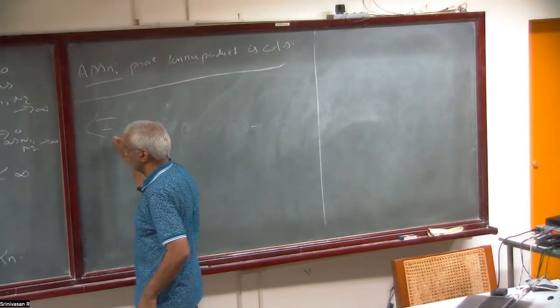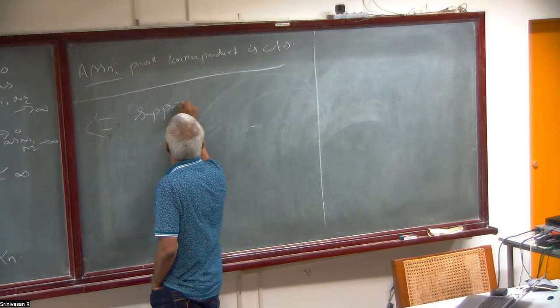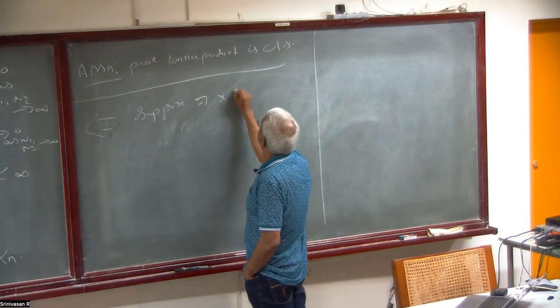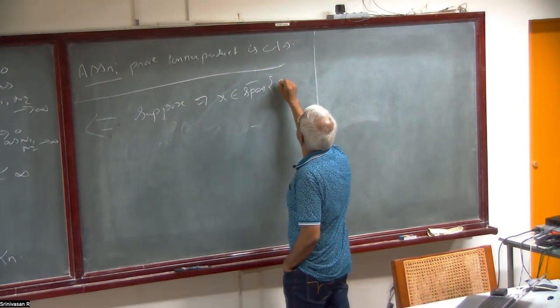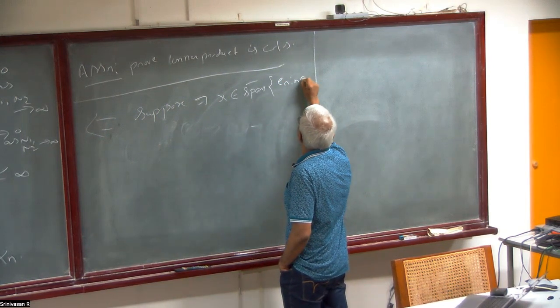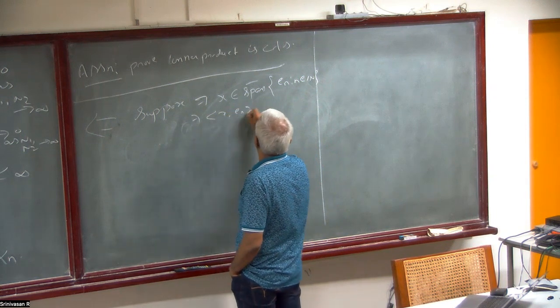Now to prove this way, suppose there exists x in the span closure of En, n in N, such that x, En equal to alpha n.